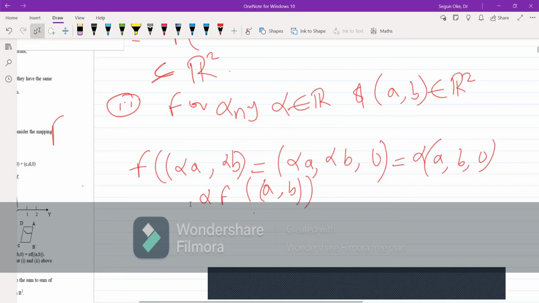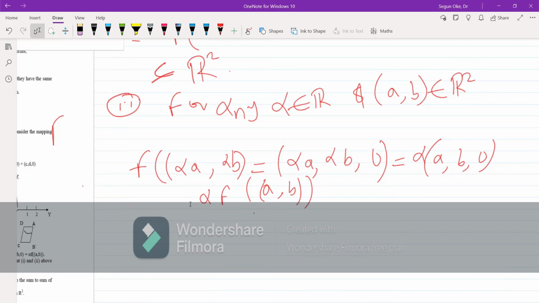So in this case, we establish this fact. And let us also note that the sum of two plane vectors mapped under f is the sum of the images under f.